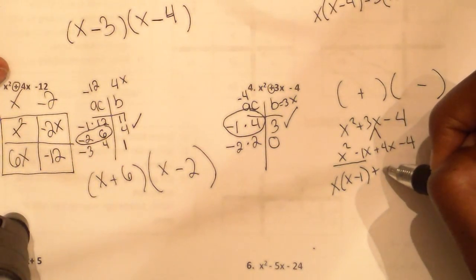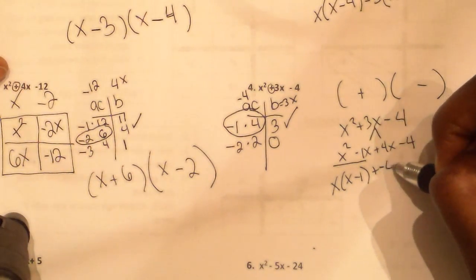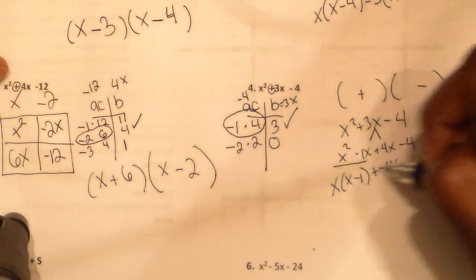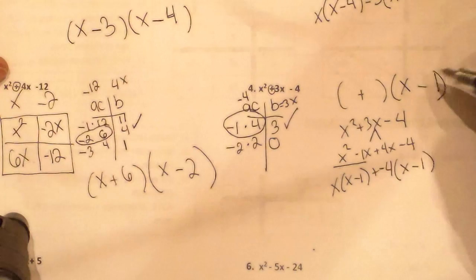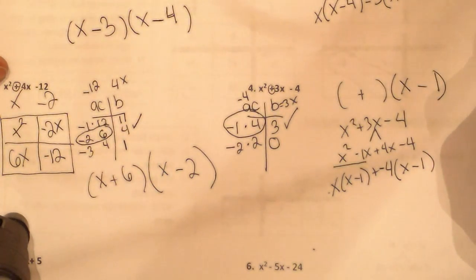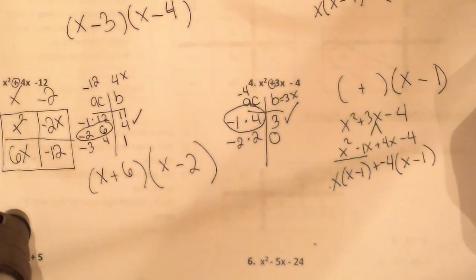These two have a negative 4 in common, so that leaves us with x minus 1 again. Our answer, x minus 1 is one of the factors, and on the outside we have, oh, I did something wrong. What did I do?